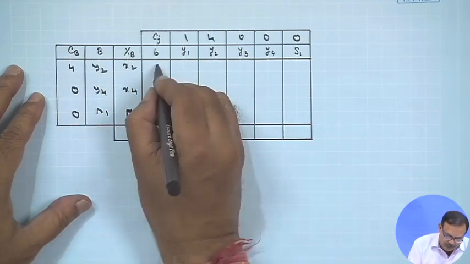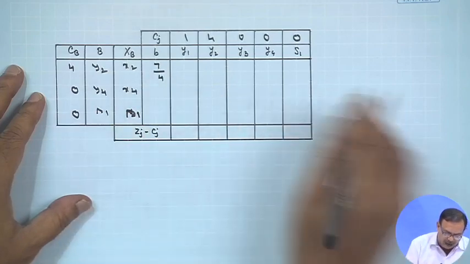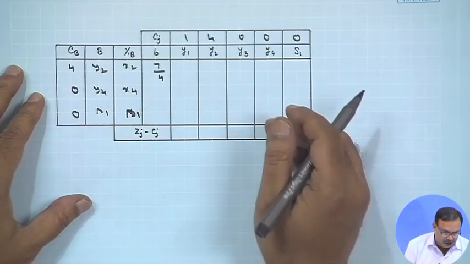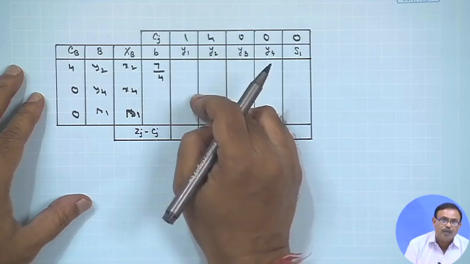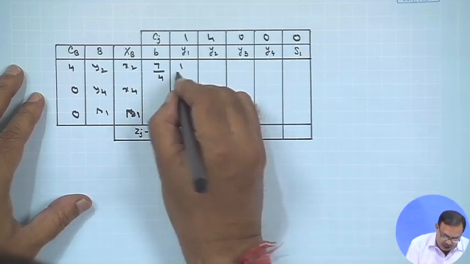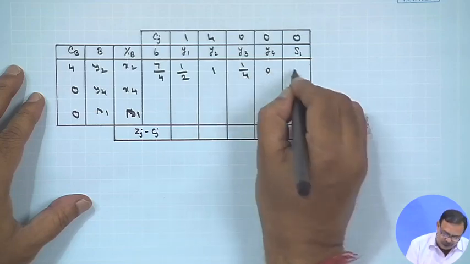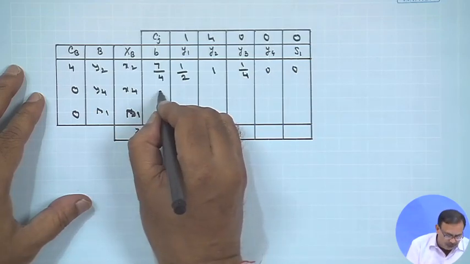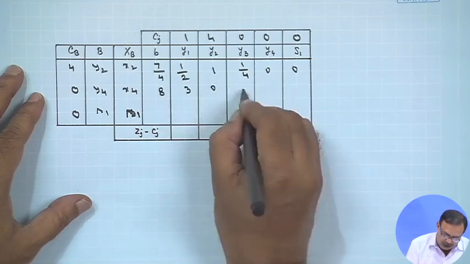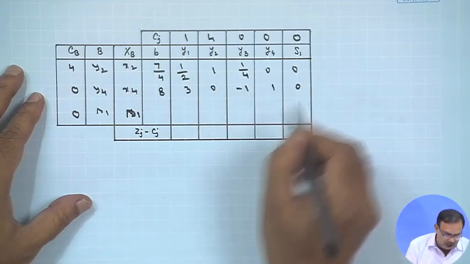Now you will add one more constraint corresponding to s1. These two rows will remain the same as the other one. So, 7 by 4, half, 1, 1 by 4, 0 and 0. Next row will be 8, 3, 0, minus 1, 1 and 0.